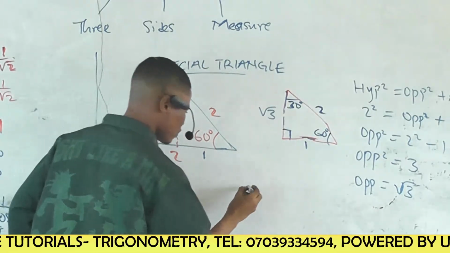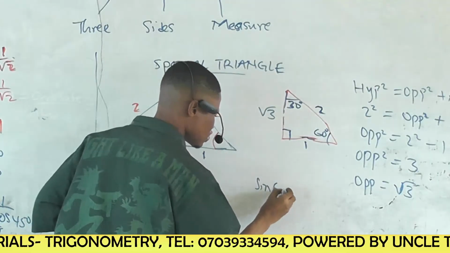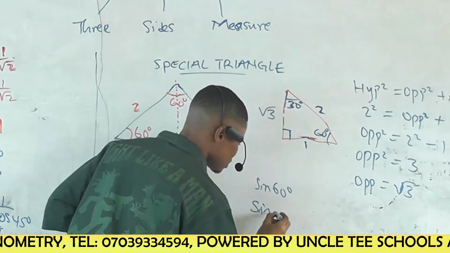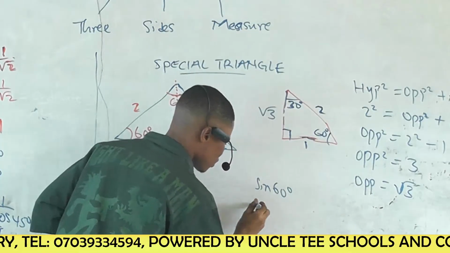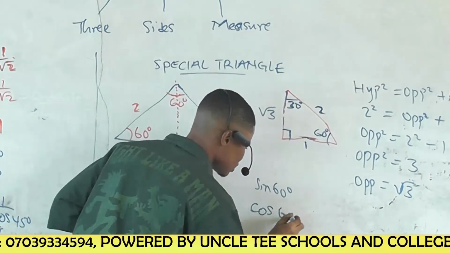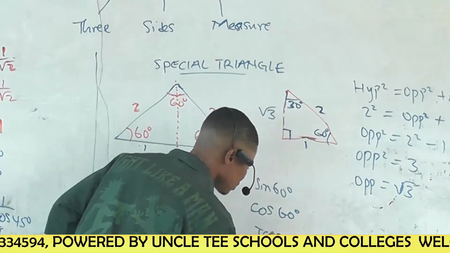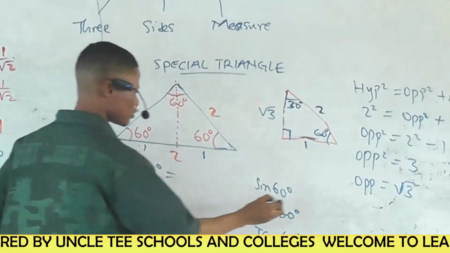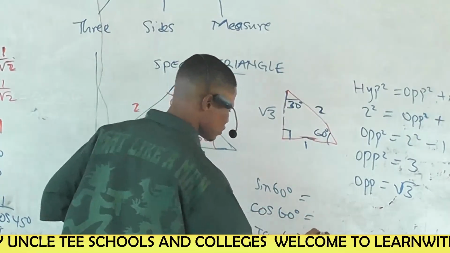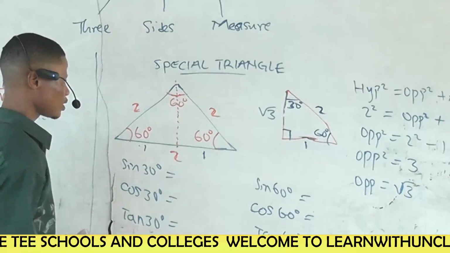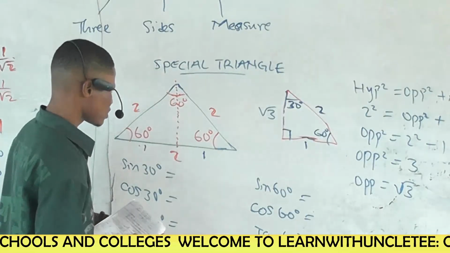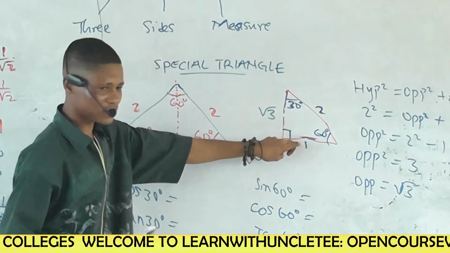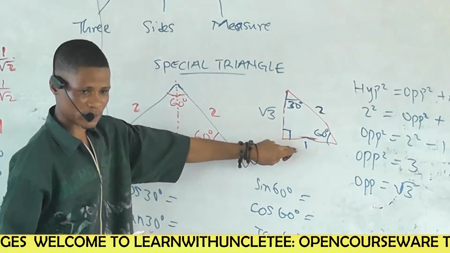Also, we have to look for sine 60 degree, cos 60 degree, and tan 60 degree. Now, from here, this is sine 30, right? Now, this side means opposite.